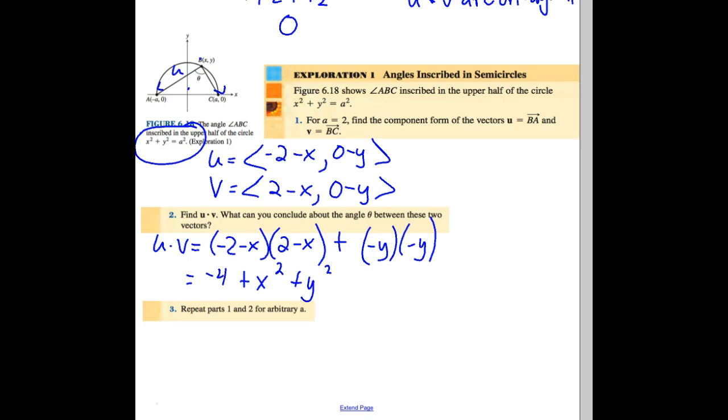But we were told right here that x squared plus y squared equals a squared. So this whole thing right here is just a squared. And a was 2. So that becomes 2 squared. So this is really negative 4 plus 2 squared.